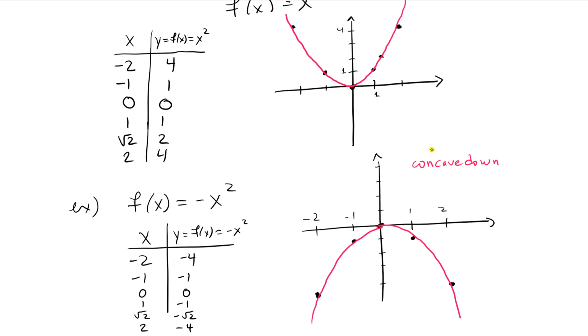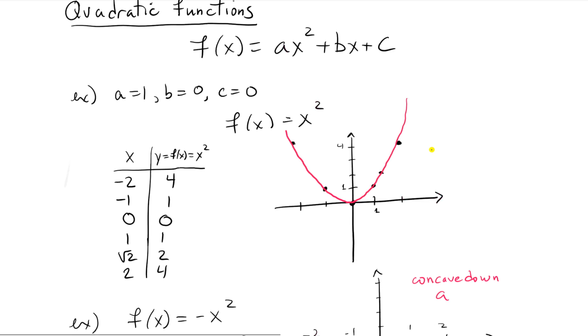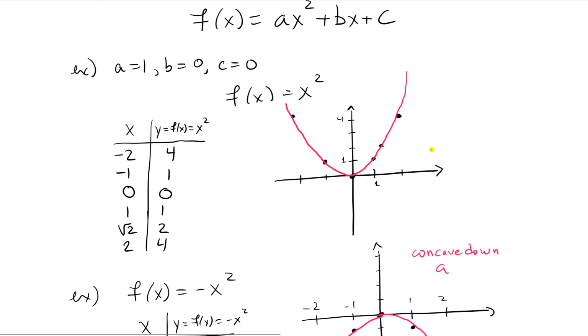Essentially, if I had a minus 2, it would still be concave down. As soon as the coefficient in front of my x squared is negative, I'm going to generate negative numbers in my range, so I'll have a curve that's concave down. This is for all a values, as in the function ax squared plus bx plus c.